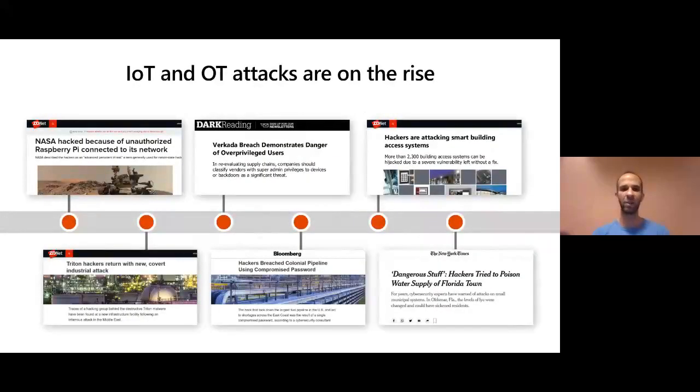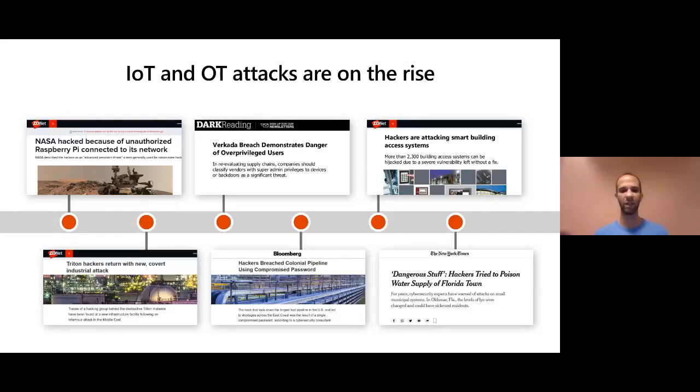Now you can see example from recent years on OT and IoT attacks that happened. We have, of course, Triton that happened in 2017, and how attackers can, in addition to cause physical damage and business shutdown, also try to harm human lives in a chemical plant in the Middle East.